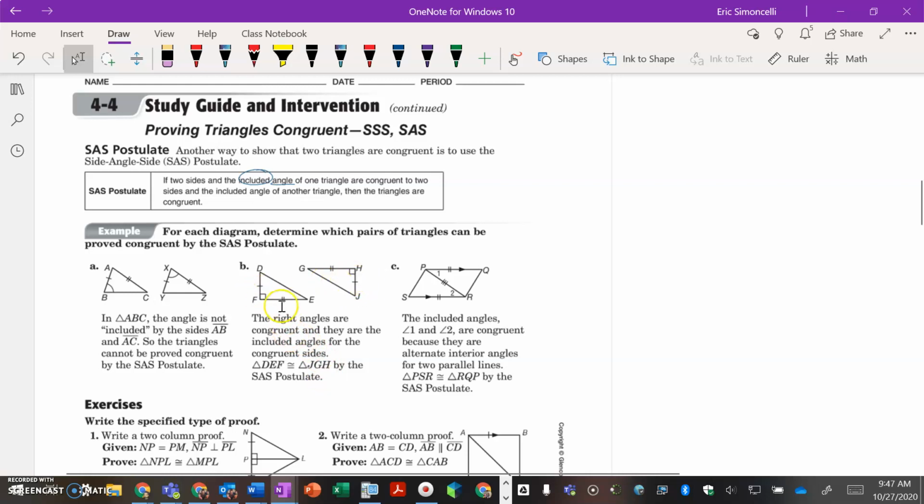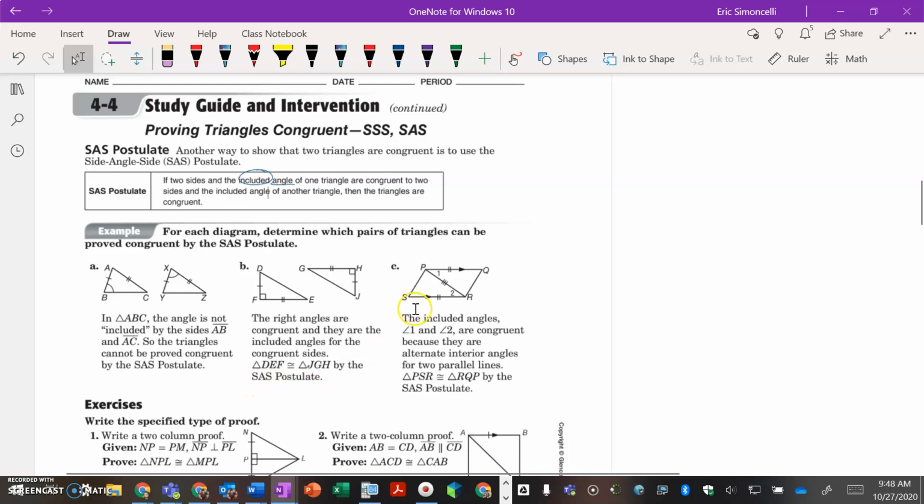This angle is congruent to that angle. And then lastly, this side is congruent to that side. So side, angle, side. Again, angle in the middle. The right angles are congruent and they are included angles for the congruent sides. Therefore, triangle DEF is congruent to JGH by side angle side.